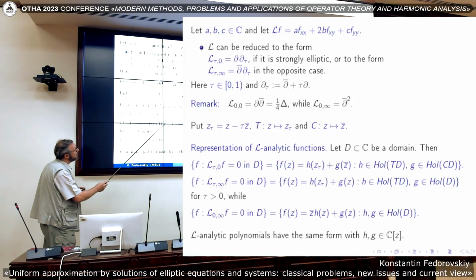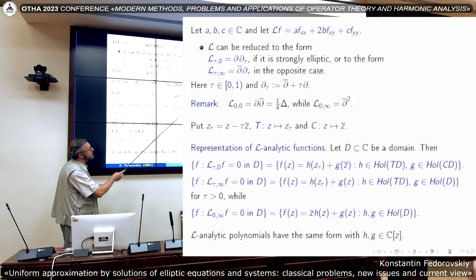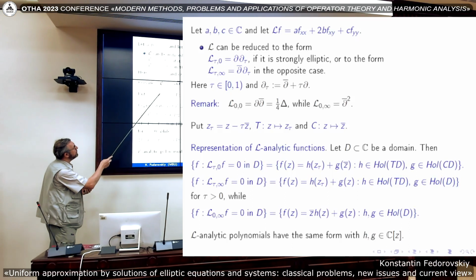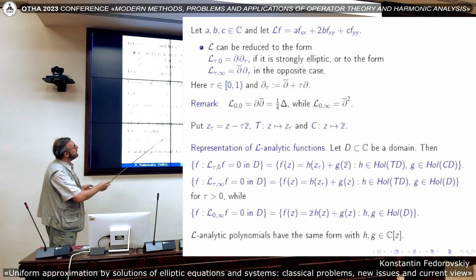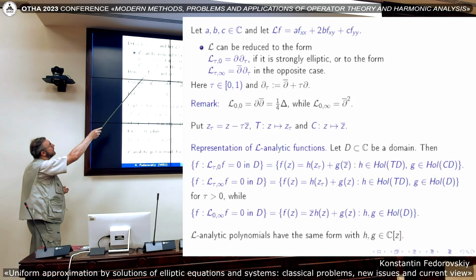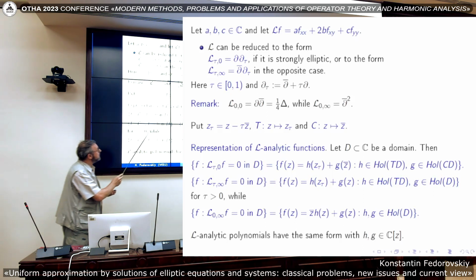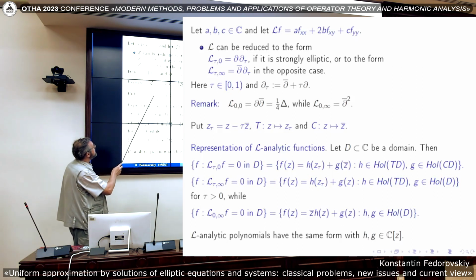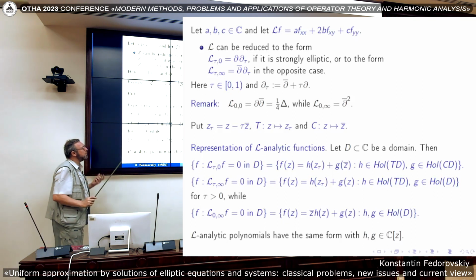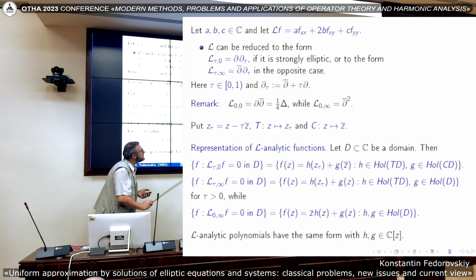any solution can be represented in the following way using a pair of holomorphic functions of the arguments. Here tau is this perturbation of the complex variable. The parameter tau is a canonical parameter which depends on A, B, and C, and since it is between 0 and 1, this variable is in some sense closer to the complex variable z than to z bar.